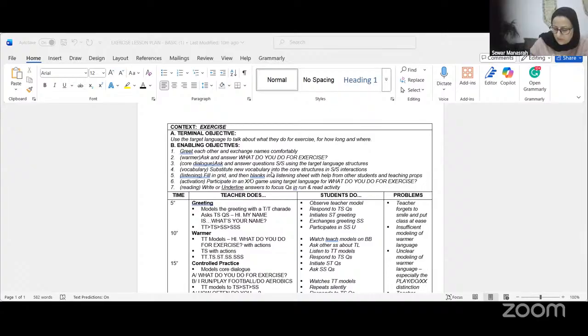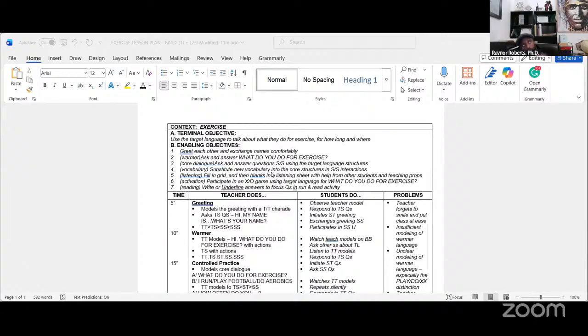What do you mean by SMART? Oh, great question. What do I mean by SMART? All enabling objectives, or all objectives, must be SMART, except the terminal objective.